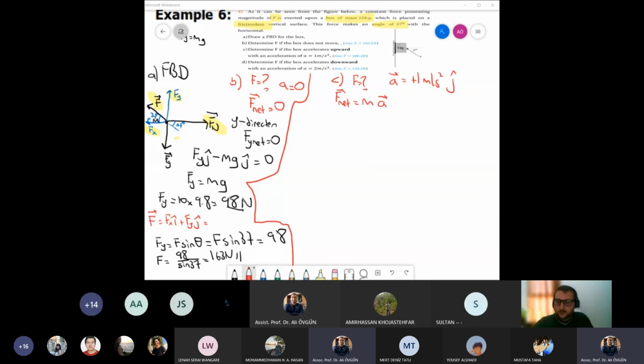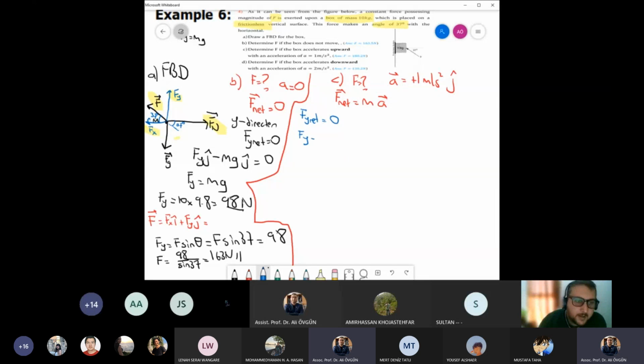So how can you solve it? And how can you find it? Again, you must use the free body diagram, which we drew already. Then you must write all the forces. Now I'm going to use the y direction first. What is the Fy net?